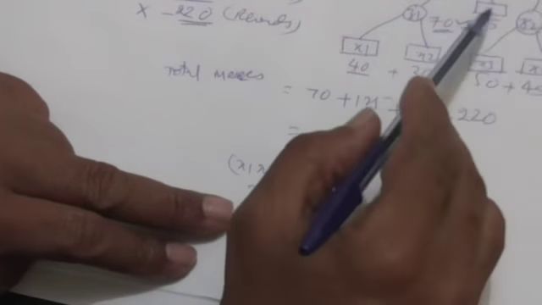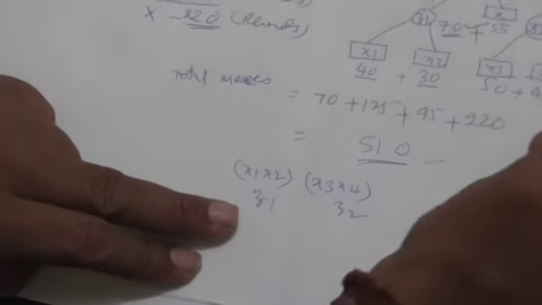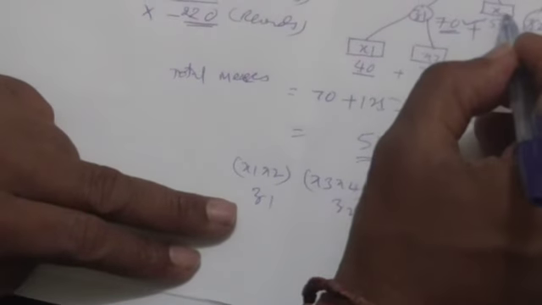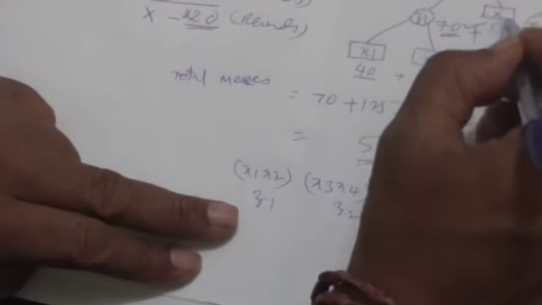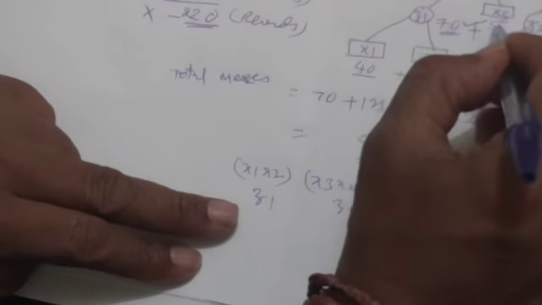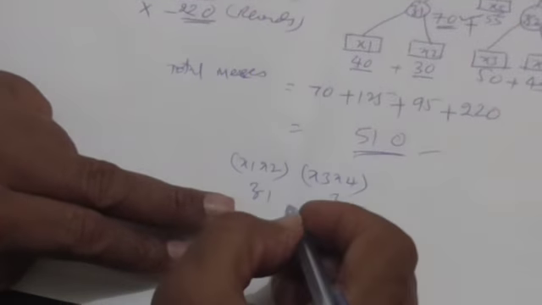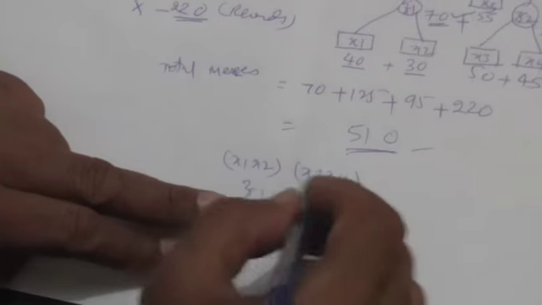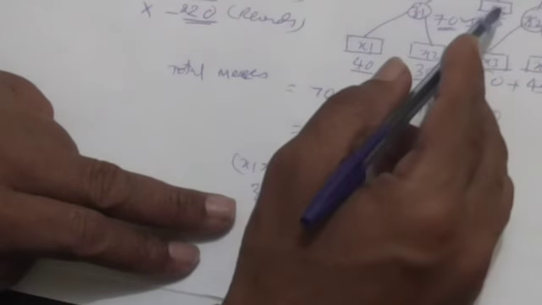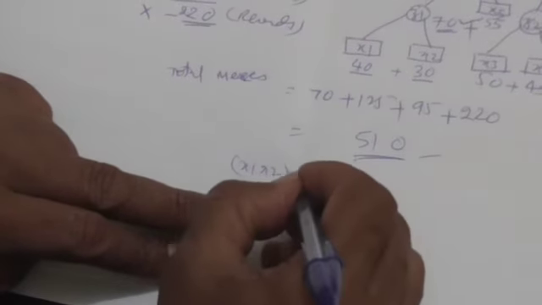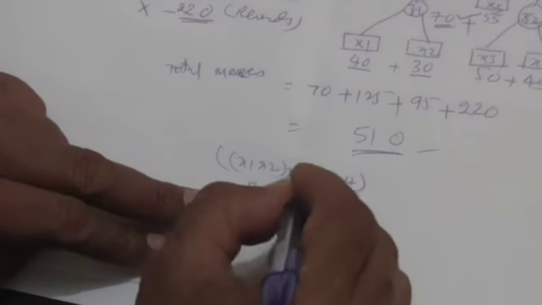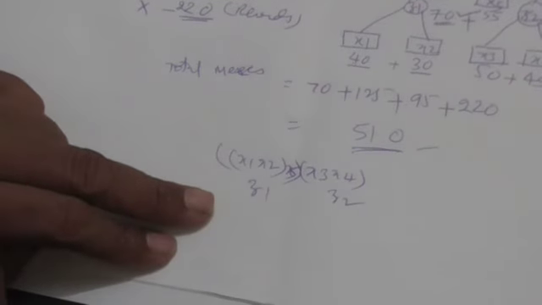Then x5 is merged with z1, and when z1 and x5 are merged, you get z3.